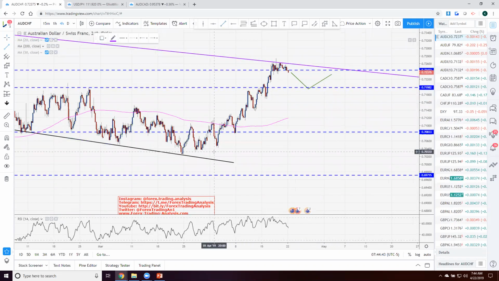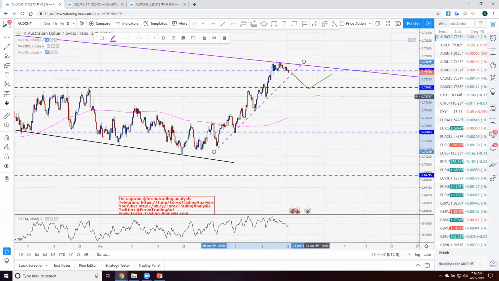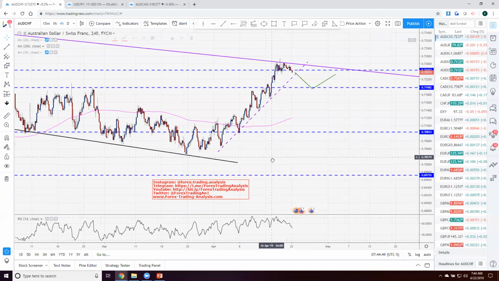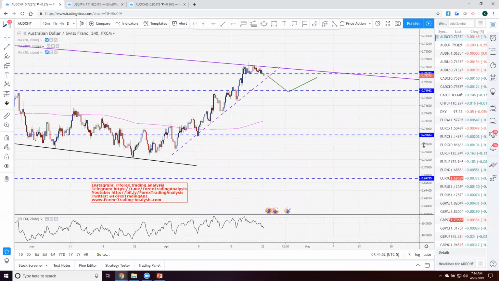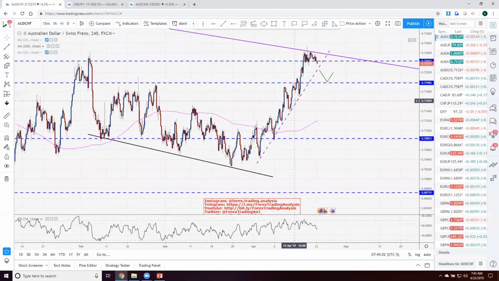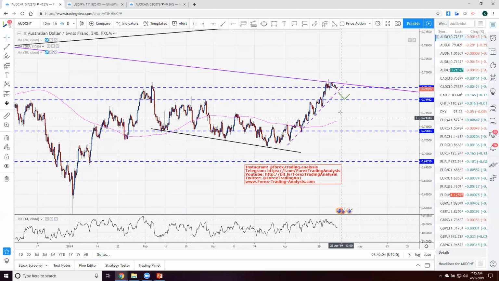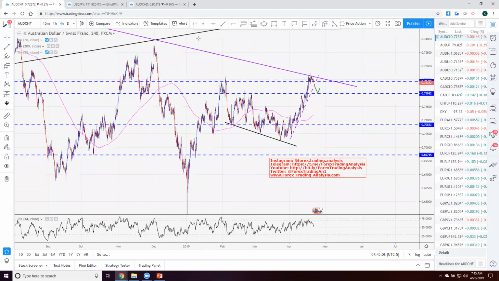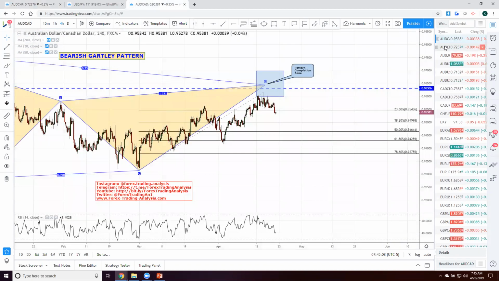And similar to the other pair, watch for breakthrough of short-term trend lines. So if we see a break down below here, we may be looking at that next support level before seeing a bounce. And then from there, we could go up, could go down, just need to watch. So that's Aussie Swiss.